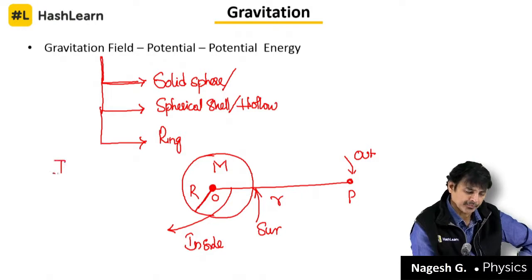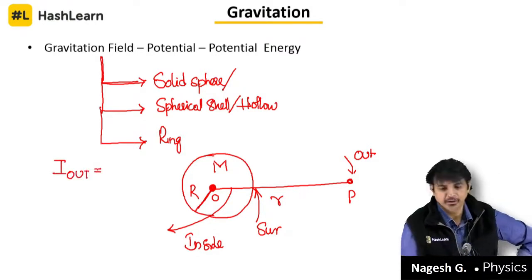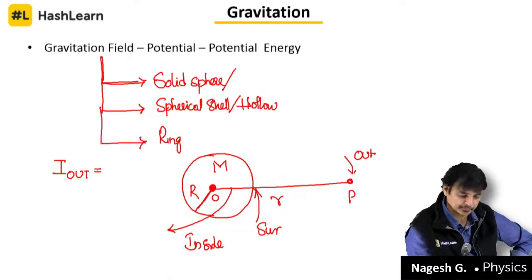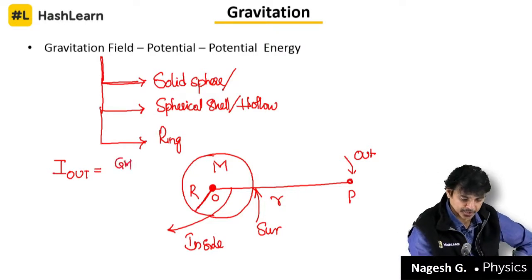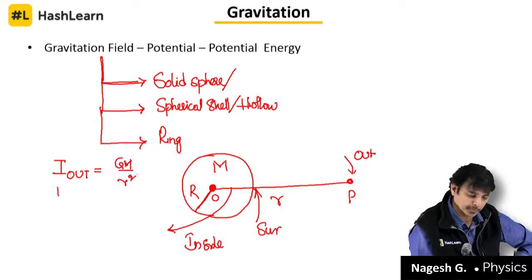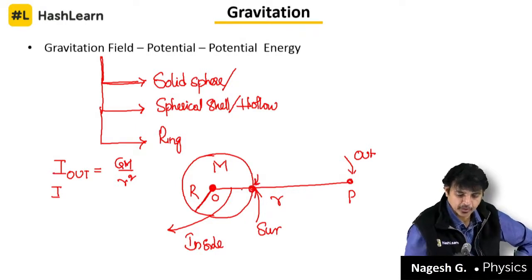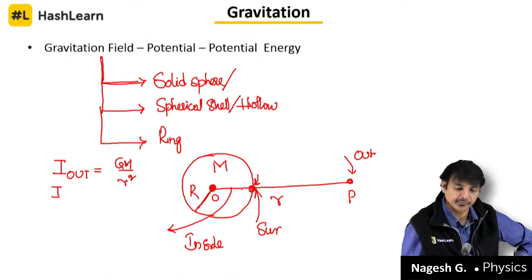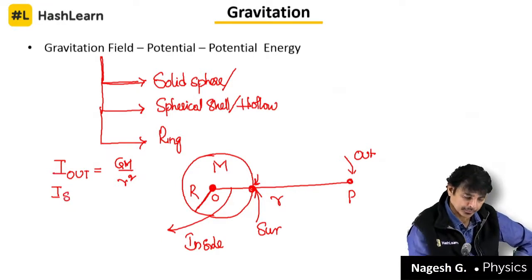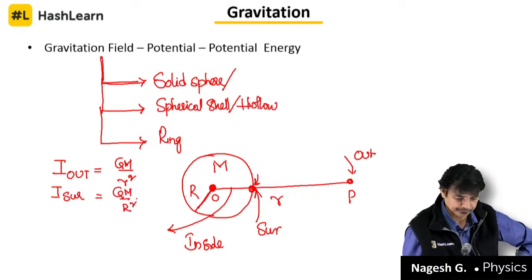When you observe I out, the intensity of the gravitational field outside the solid sphere, as we know, is GM by small r square. When you bring it nearer, on the surface, small r is equal to capital R. So I on the surface is equal to GM by R square.